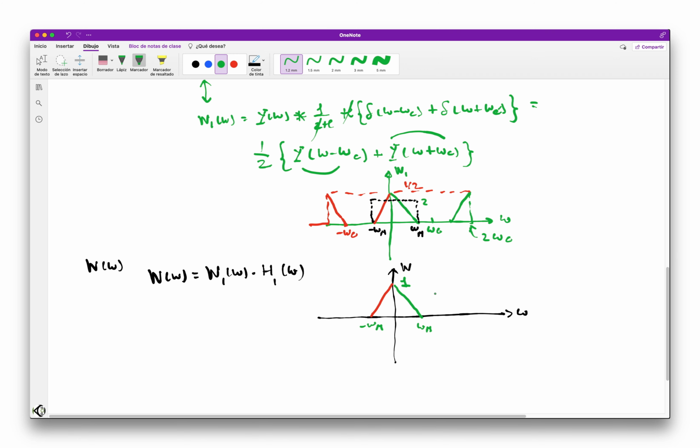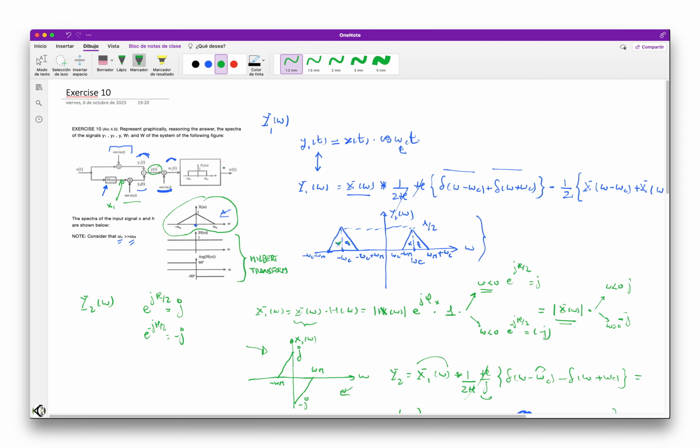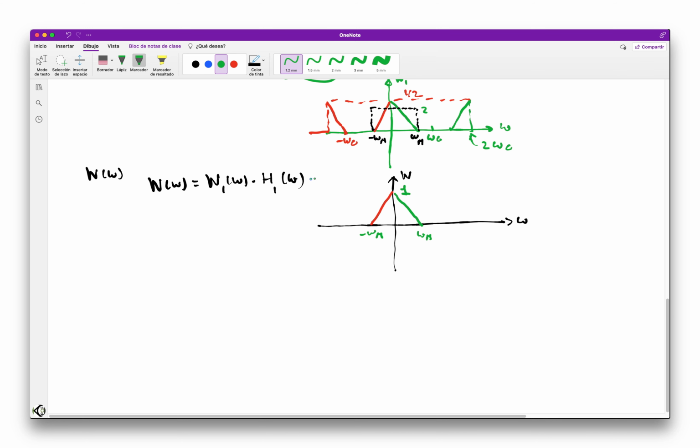And if you take a look, this is exactly what we started with, X(omega), the Fourier transform of x(t). So the result of that is the original X(omega). In other words, W(t) is exactly the same as x(t).